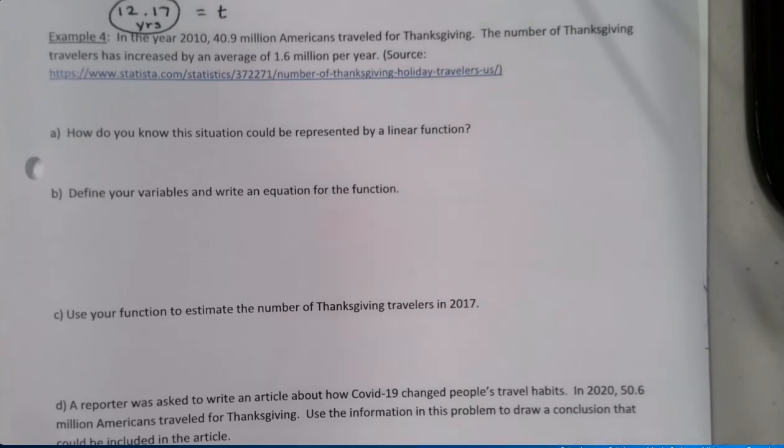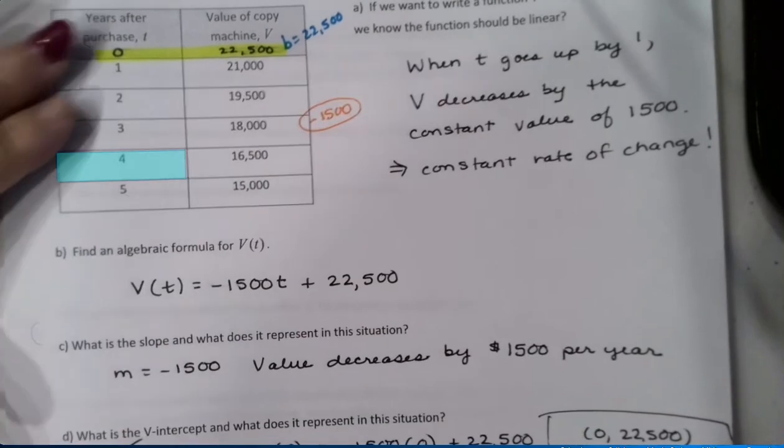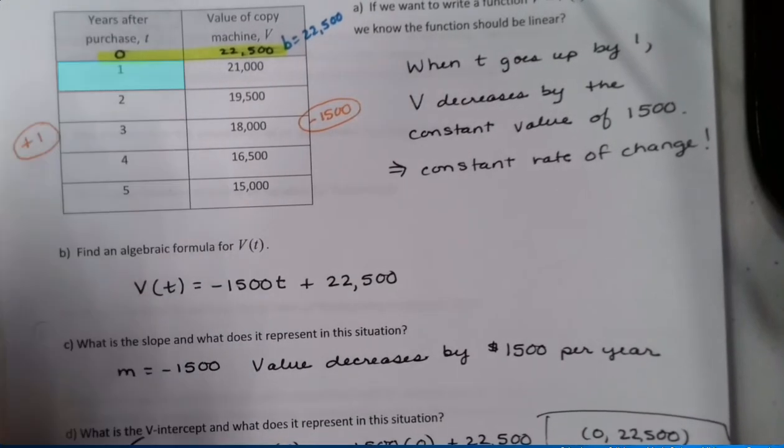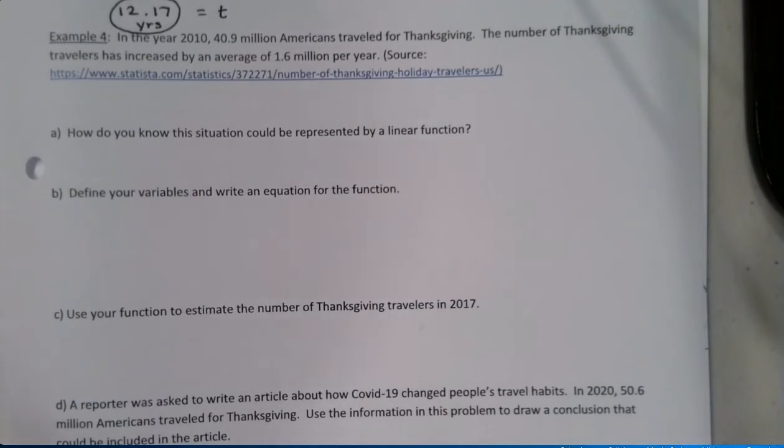Well, remember in the last problem, we actually had a table of values, and so we could see that constant rate of change in the table of values. This time we don't have a table of values to look at, but in fact, they actually tell me what the constant rate of change is right in the problem. You see it?